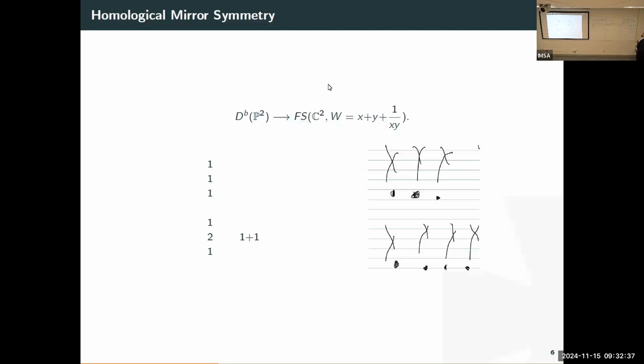But the truth is a little bit more subtle here. So what's happening is that because the Picard of the cubic is 7-dimensional, it's a rank 7, so we have actually a huge family of Landau-Ginzburg models.